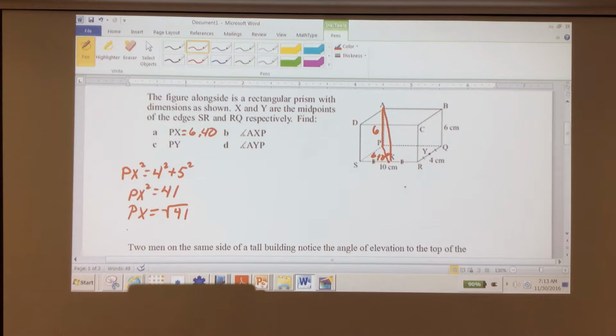So we have opposite over adjacent, which is tangent. So the tan of angle AXP equals opposite, which is 6, over adjacent, which is 6.40, but I'm going to use my non-rounded answer so that I don't affect my accuracy. And hit inverse tan of 6 divided by root 41. Let's see what we get.